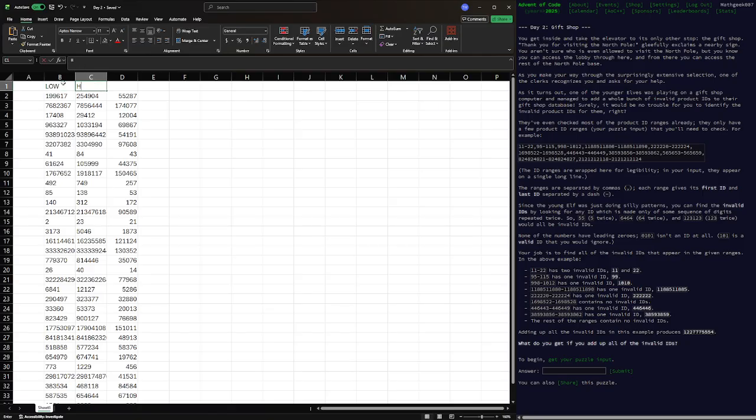So it's low, high, and total. And actually, it's this plus 1 because it includes itself. So what I need to do is... well, actually, there's not that many total.